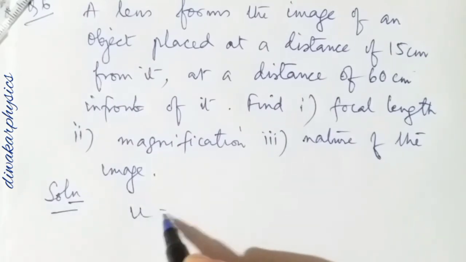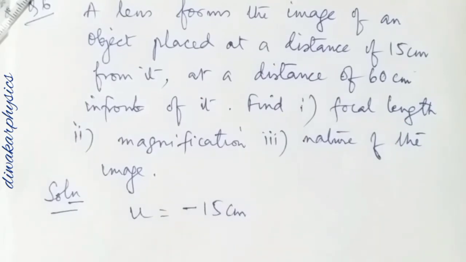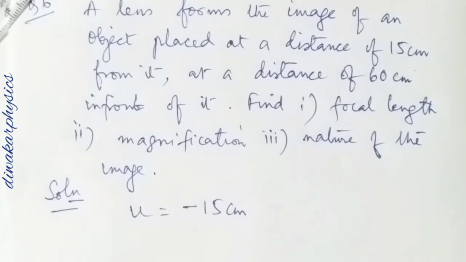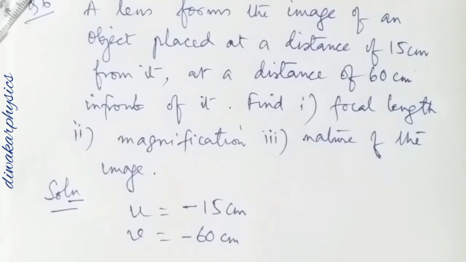So that is u. So u is equal to minus 15 centimeter. And the image is formed 60 centimeter in front of it. That means the image is on the same side. That is, v is minus 60 only.